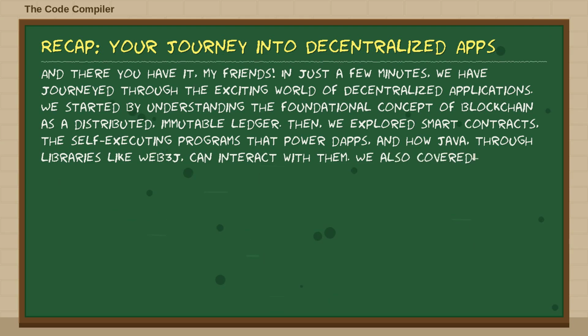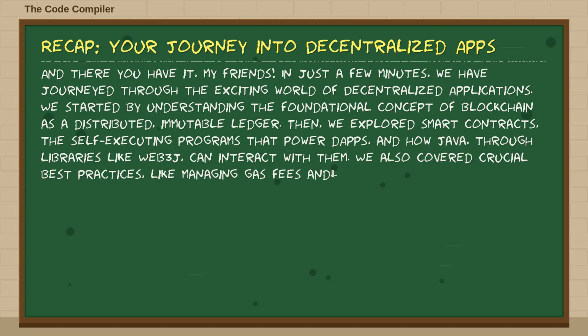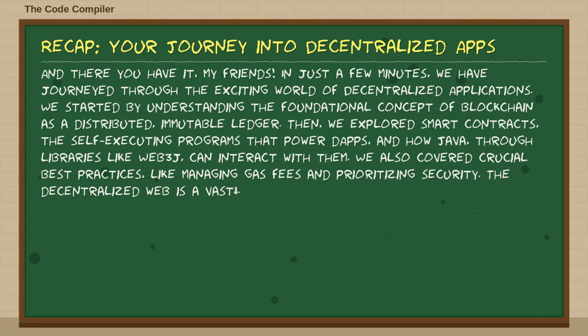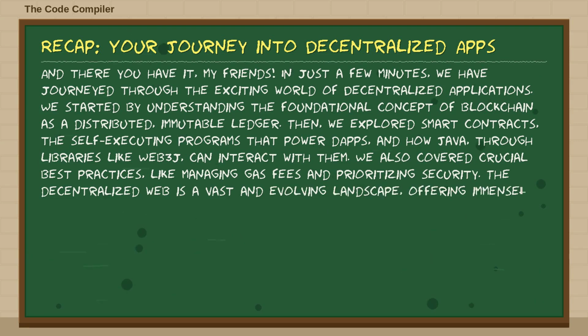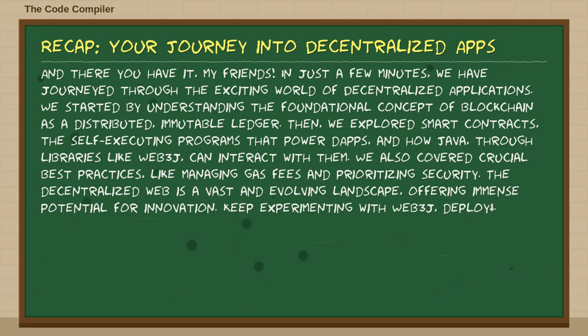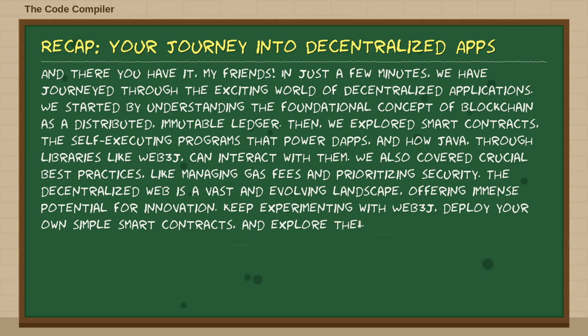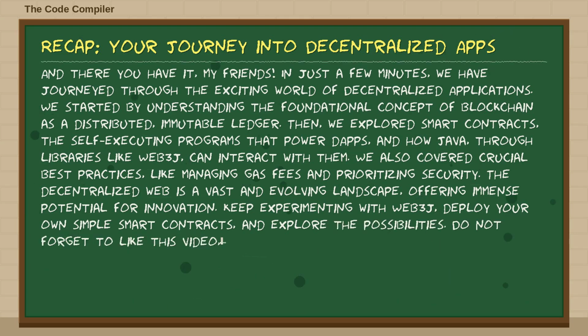We also covered crucial best practices, like managing gas fees and prioritizing security. The decentralized web is a vast and evolving landscape, offering immense potential for innovation. Keep experimenting with Web3j, deploy your own simple smart contracts, and explore the possibilities.